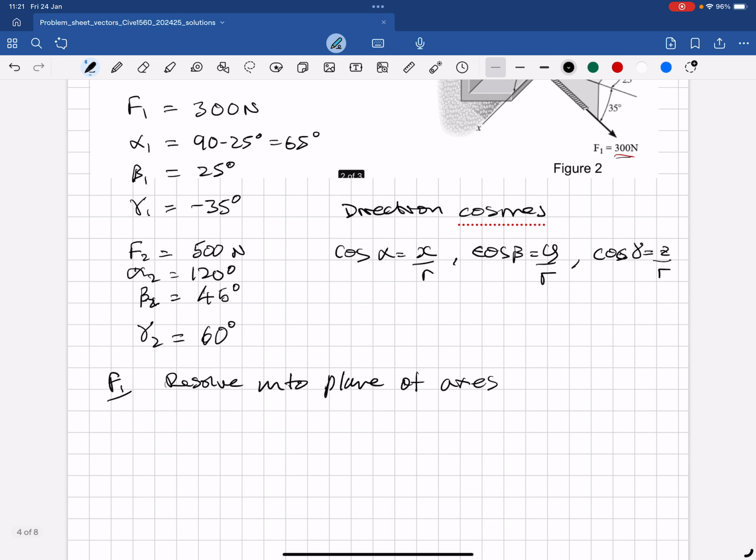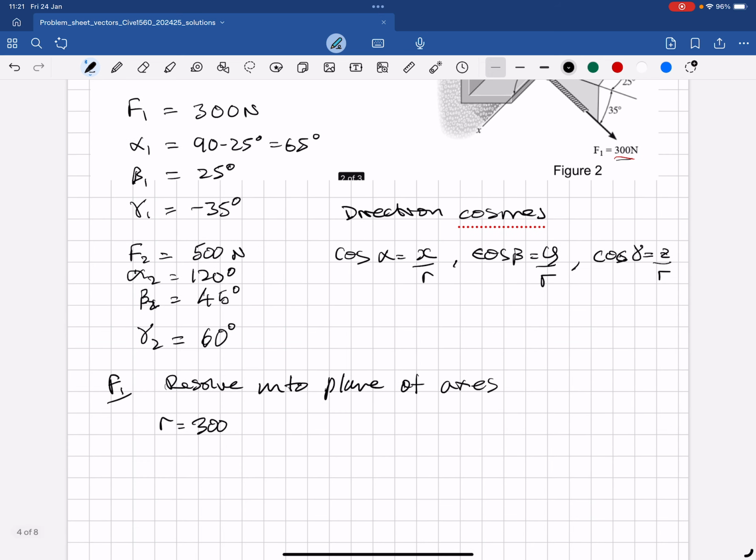So for F1, we've got r equals 300. We're going to use that. So x is equal to cos 65 times cos minus 35 times 300, which equals 103.9.